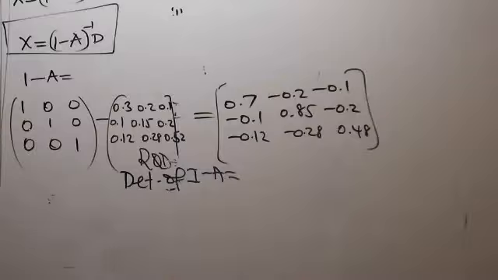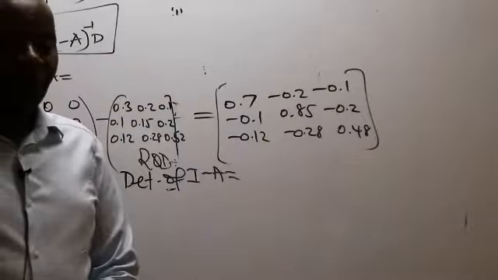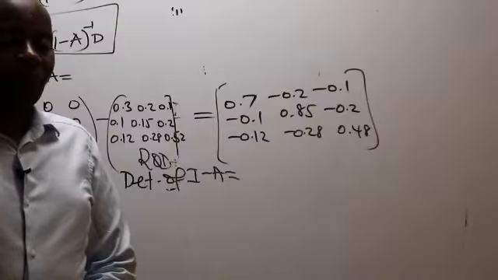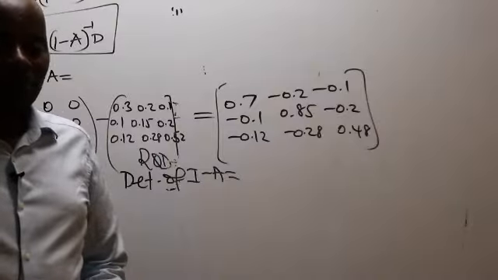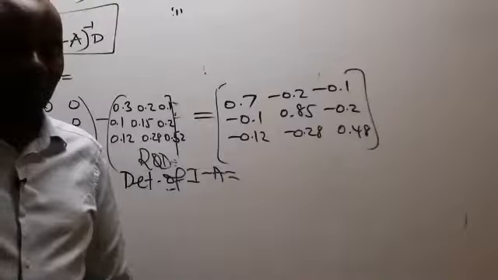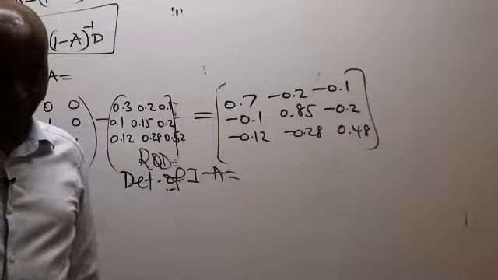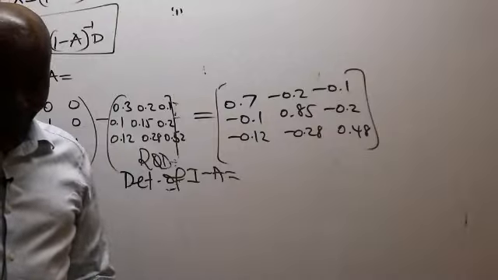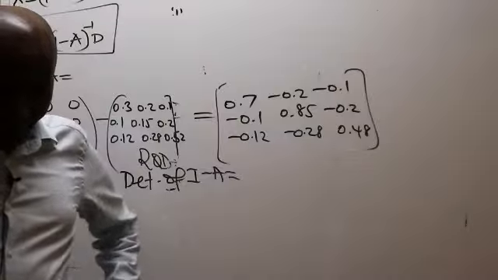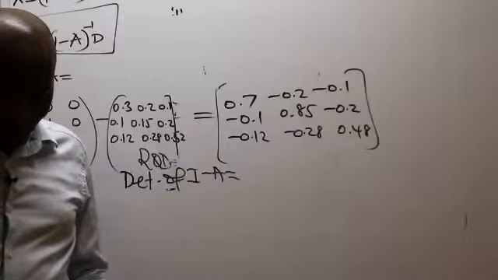I want to see whether there is a student who will be able to confirm what Off has given us. Am I waiting for anybody to give me a figure really?